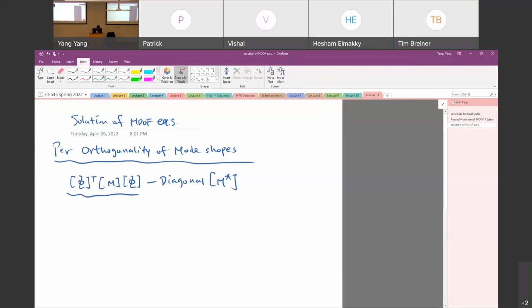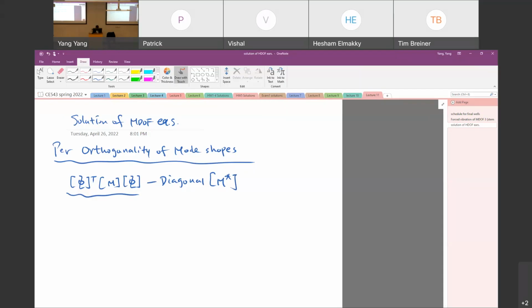So the product of the three matrices will be a new matrix with only diagonal elements. That means we will only have numbers in the diagonal line, and all the other elements will be equal to 0.